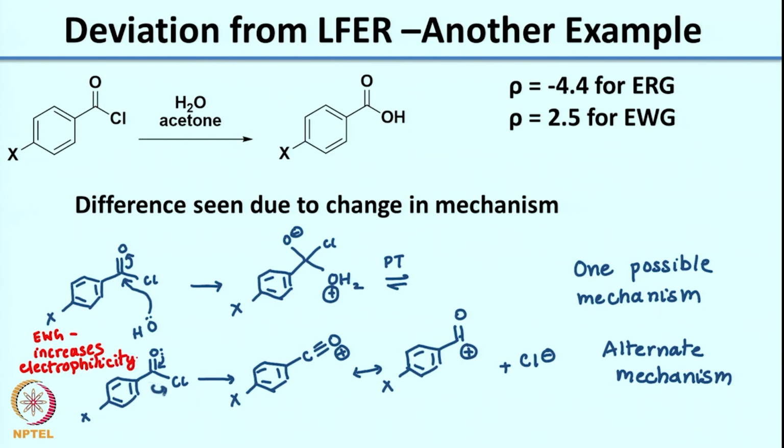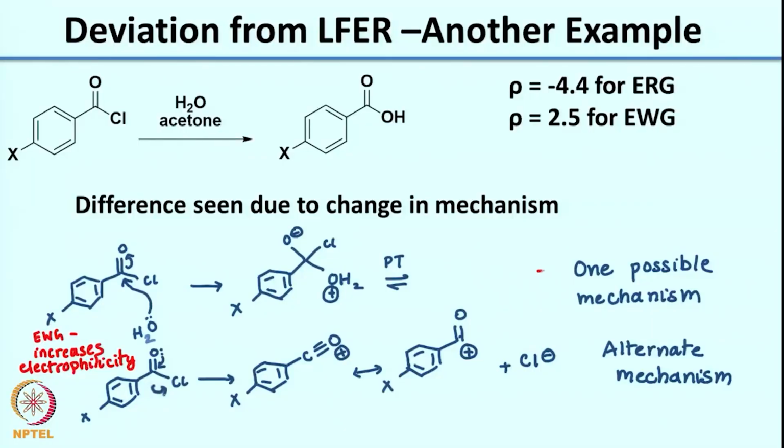Whereas if I have an electron releasing group, since you are not talking about a very strong nucleophile here, it would not be as reactive as when you have an electron withdrawing group. So you can say that this mechanism is favored for electron withdrawing groups.